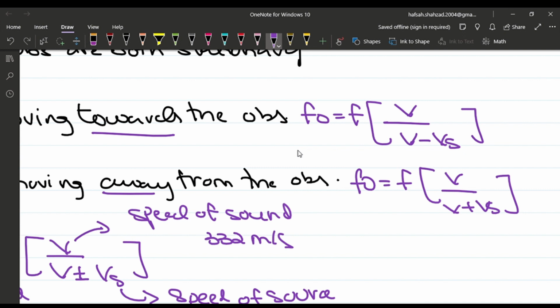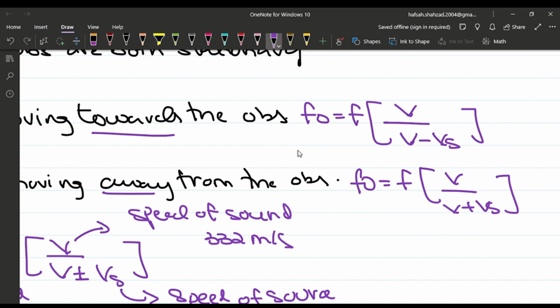For that, we need to decrease the denominator or increase the numerator. The numerator has a fixed value of 332 in air, so the only option left is to manipulate the denominator. To increase the frequency, we decrease the denominator by subtracting the speed of the source from the speed of sound.